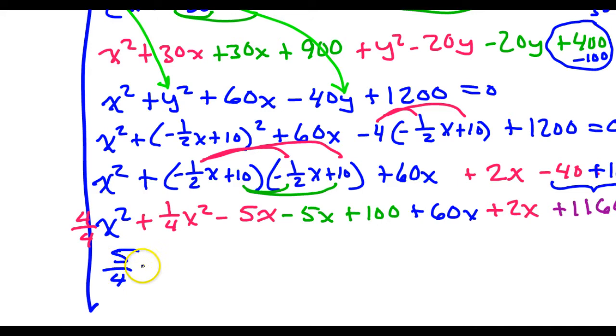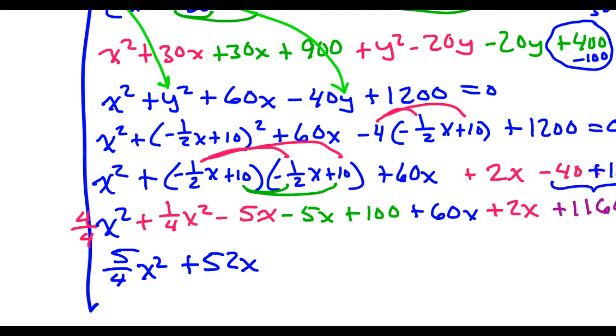Alright, so this is 5/4 x squared. Putting these x's together. Minus 5 and minus 5 is minus 10. Okay, plus 60. So I have negative 10, positive 60. That's positive 50. Plus 2 is positive 52x.